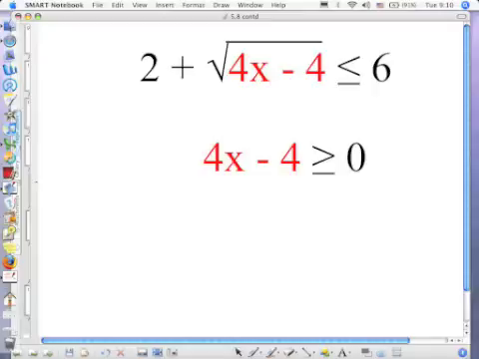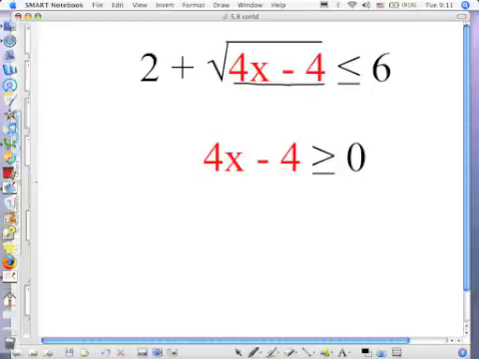No. So we want to identify, since our solution is not just going to be a single answer, it's going to be a set of numbers. We want to make sure that whatever is included in that set does not cause this radicand to be negative. Because if it does cause it to be negative, then this whole inequality is invalid. All right? So our first step when it's an even root is to make sure that this is not negative.